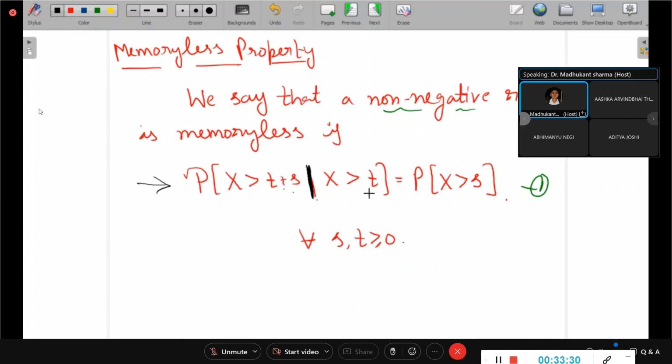Let's say t is 30 seconds, and here is 60 seconds. It is equal to the probability that x is greater than 30 seconds.